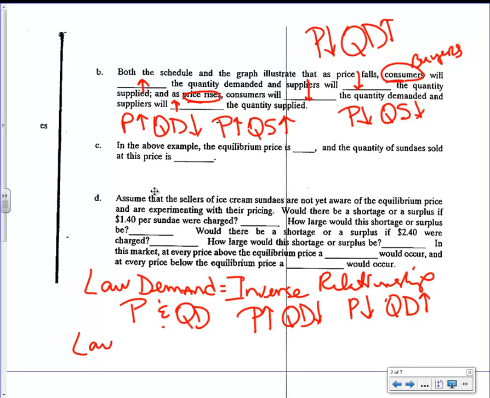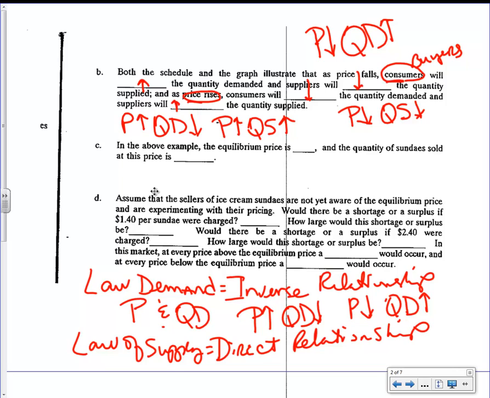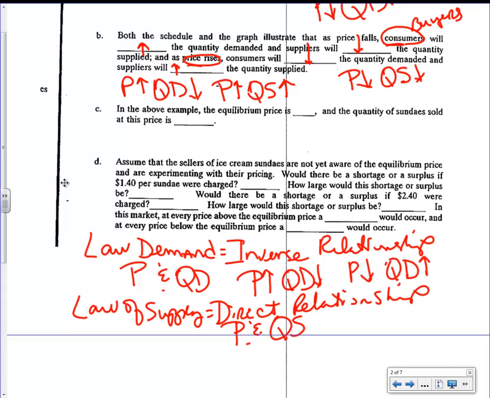The law of supply says there is a direct relationship between price and quantity supplied. As the price rises, quantity supplied rises, or as the price falls, quantity supplied also falls.